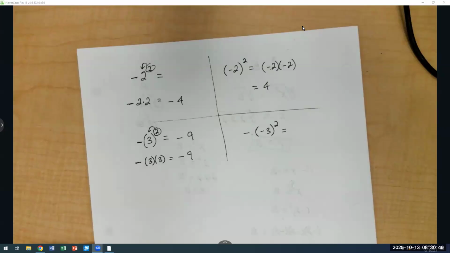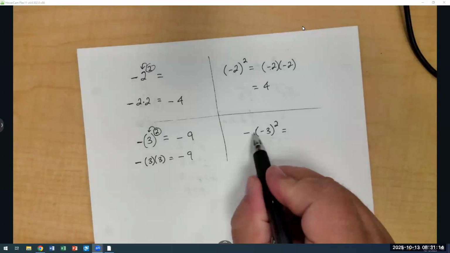What do y'all think? Okay, we have negative 9. What else do y'all think? You got negative 6? If you have not answered yet, please answer. You think it's negative 9. Doesn't negative times negative cancel?